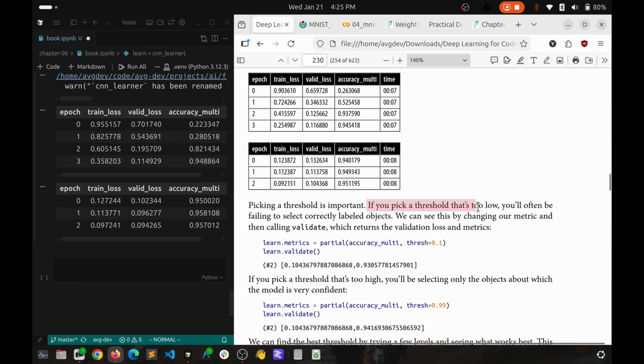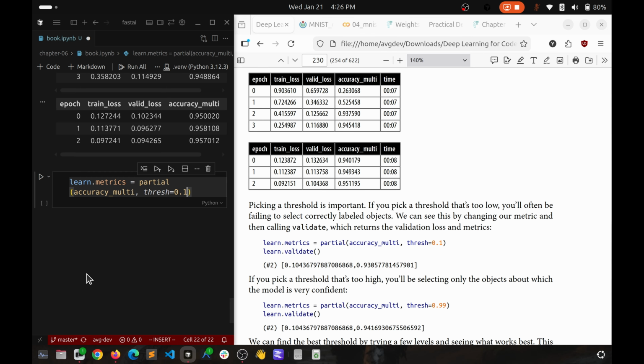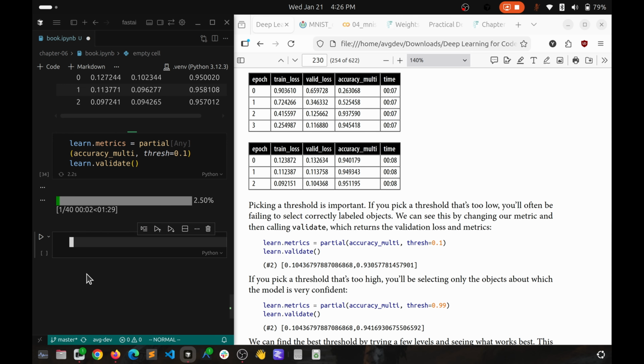Picking a threshold is important. If you pick a threshold that's too low, you'll often be failing to select correctly labeled objects. We can see this by changing our metric and then calling validate, which returns a validation loss and metrics. So let's take a look. learn.metrics is going to be partial, accuracy_multi, thresh is 0.1, learn.validate, and I think things will be less accurate.